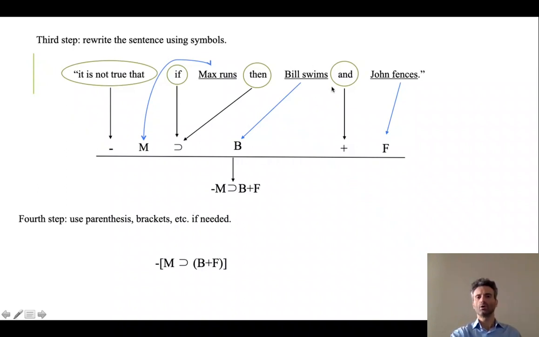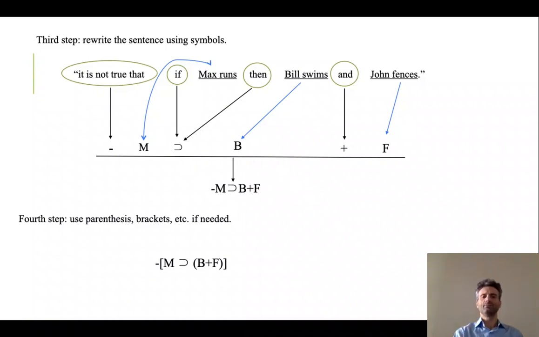Is the consequent only Bill swims? No, the consequent is Bill swims and John fences. But Bill swims and John fences is also a conjunction. So what do we do? Well, we put the conjunction in parentheses because we have Bill swims and John fences. They go together. You cannot separate them.